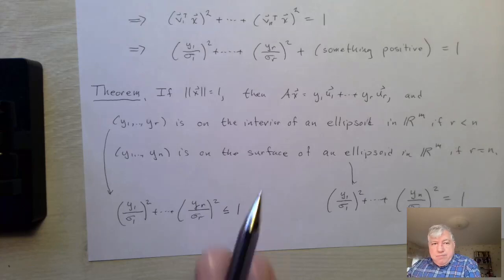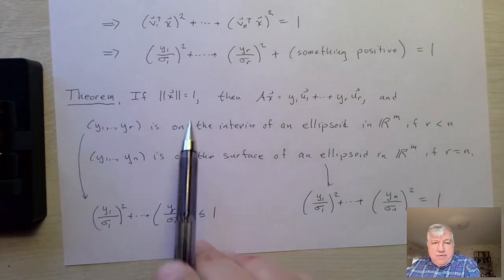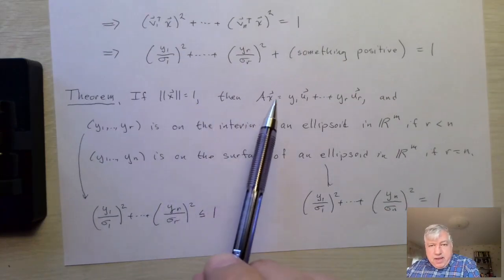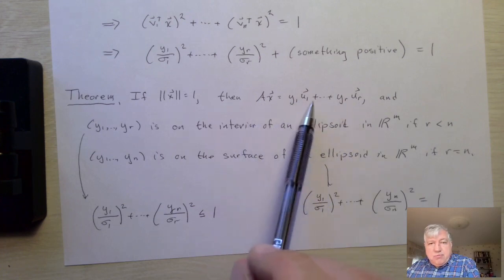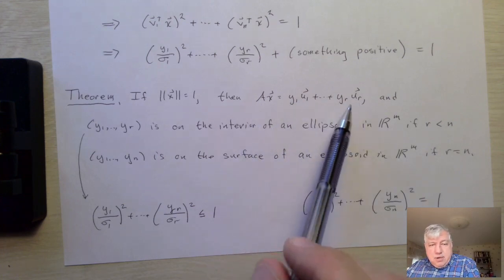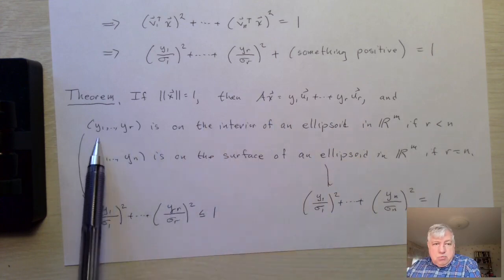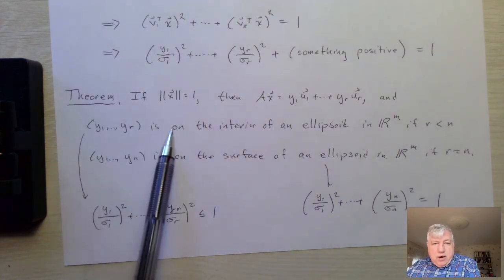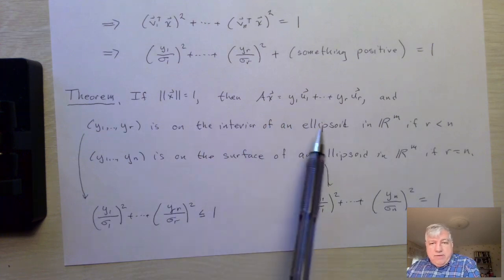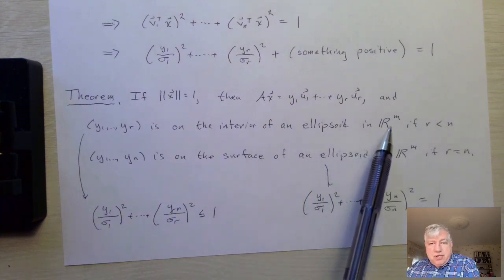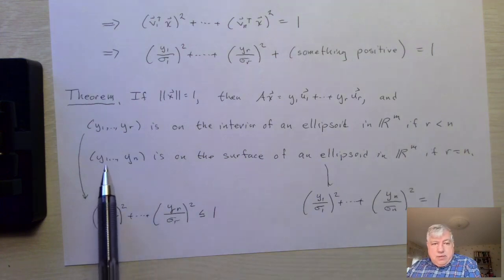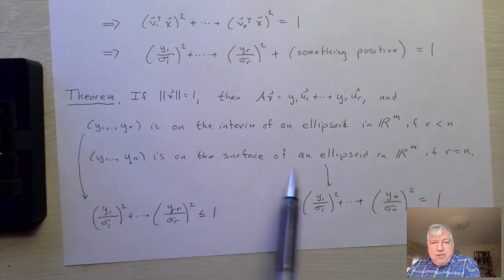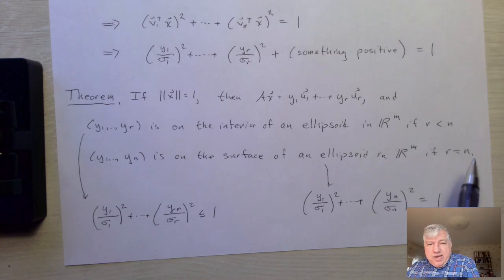And what we've proven here is this big theorem: if X is a unit vector, and if AX is written as a linear combination of u_1 through u_r, then the r-tuple y_1 through y_r is on the interior of a certain ellipsoid in R^m if r is less than n, and this r-tuple is on the surface of an ellipsoid in R^m if r is equal to n.